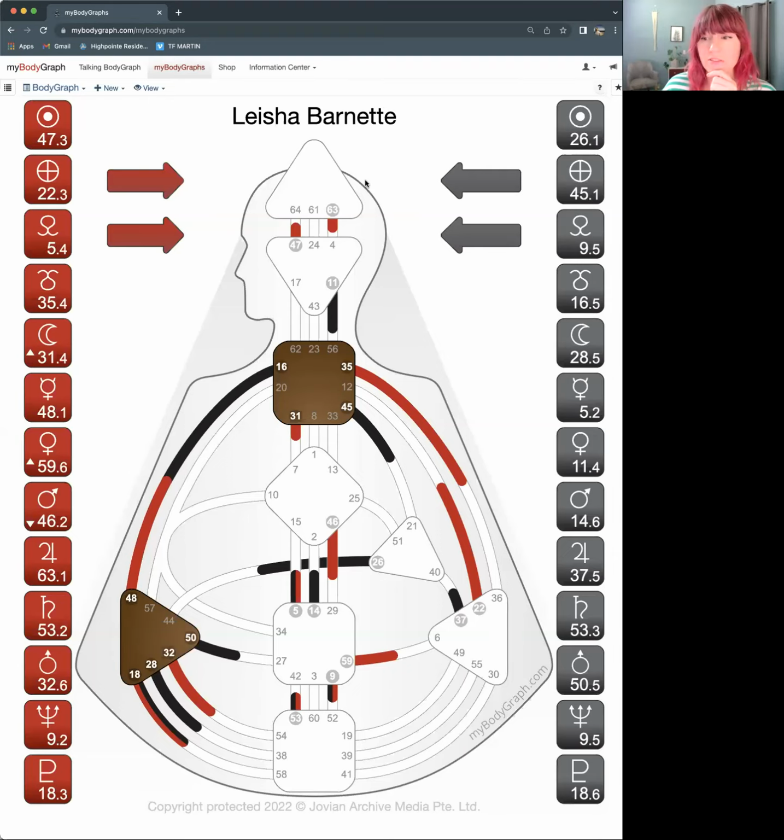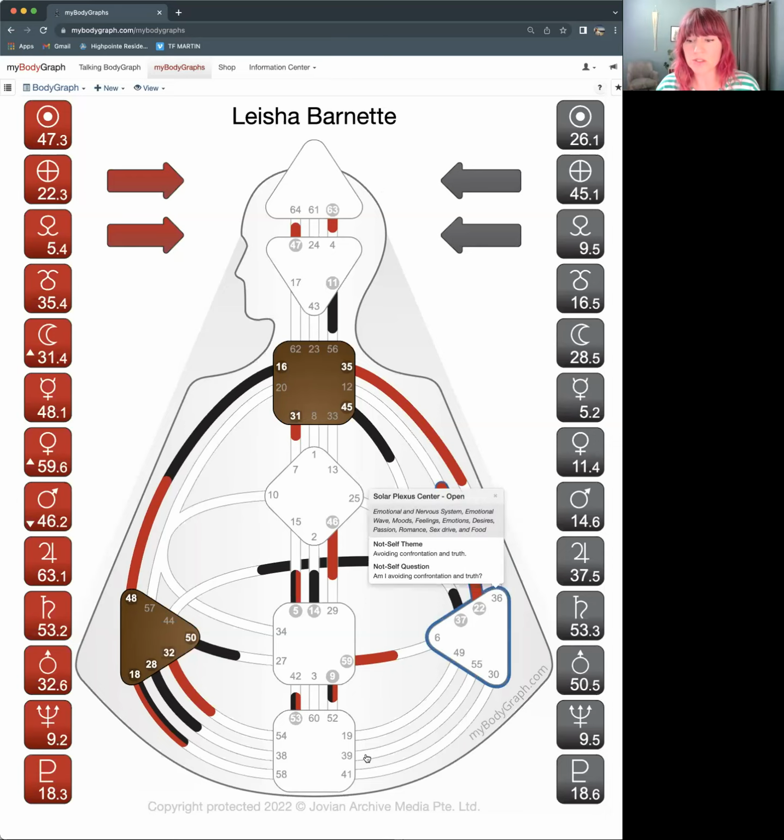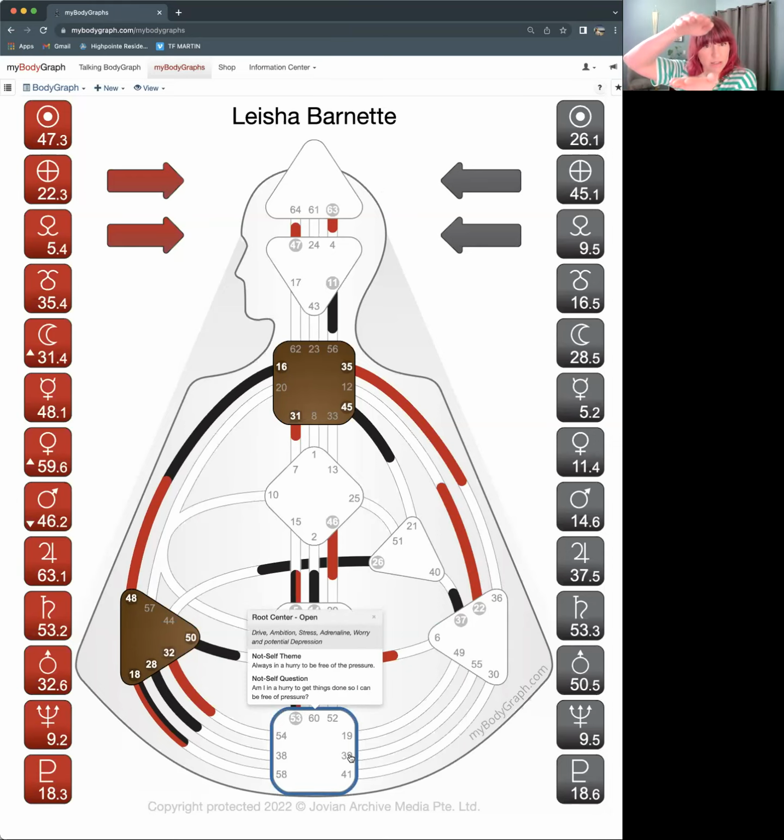We're an inspiring fixed source of conditioning for others. Now you can see that the head only connects to one other center, and that's the Ajna center. So if all the ideas come in here and it's this pressure center to think, to figure out, to conceptualize, the top of the body graph is a pressure center, the head, as well as the root. So we're kind of this pressure sandwich.